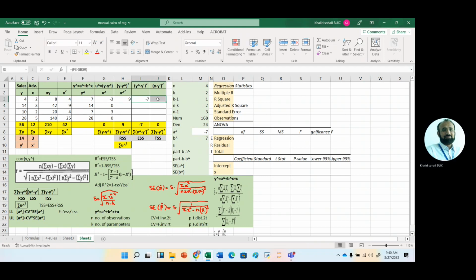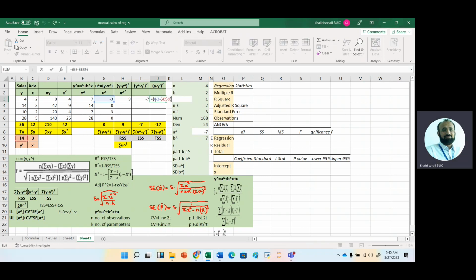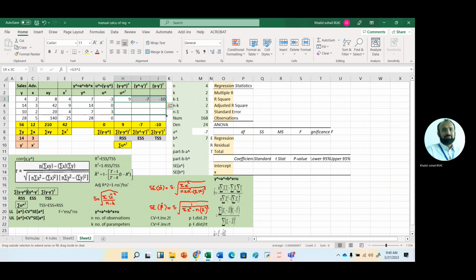And then just copy it to the next cell and replace the value, because here we have B3, so just put B3 here and check the formula. Yes, it is okay. Now copy it down. Now we have ESS, TSS, and RSS.